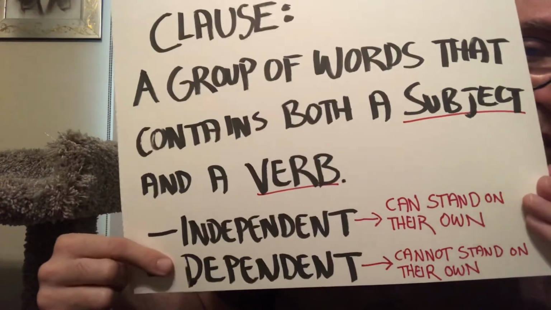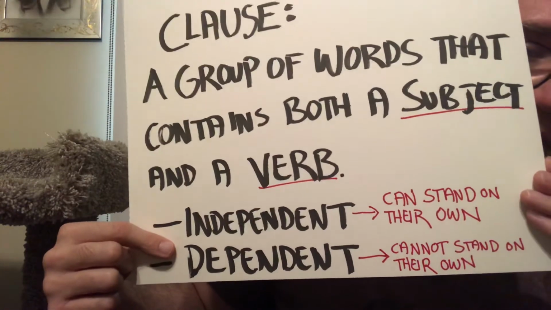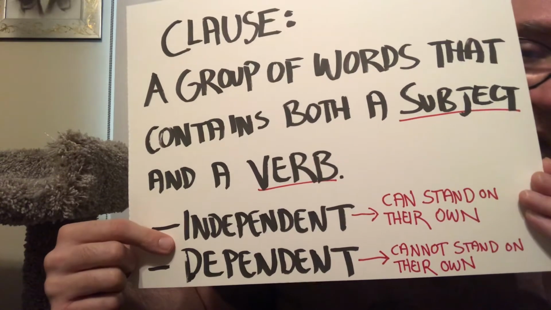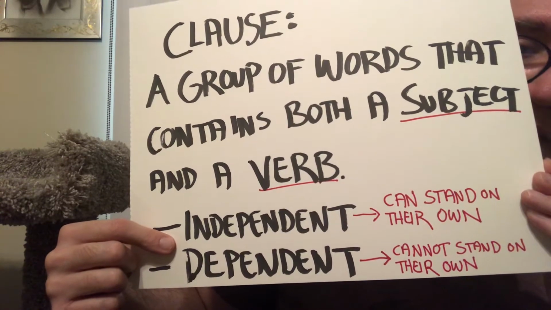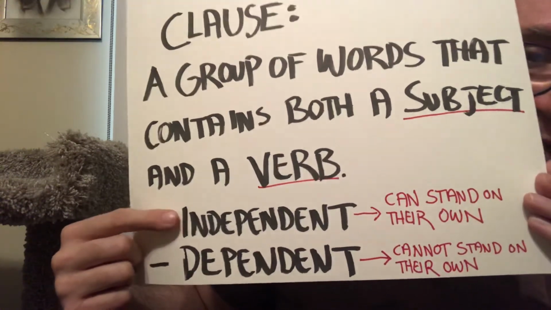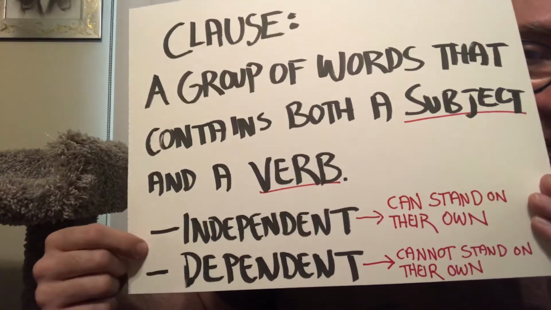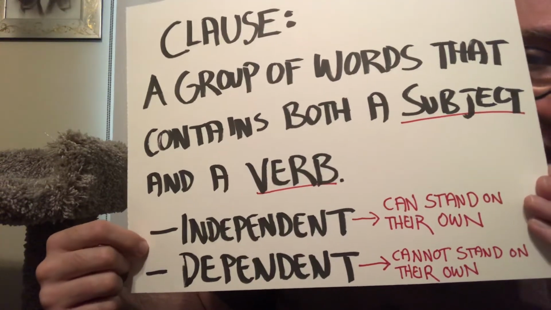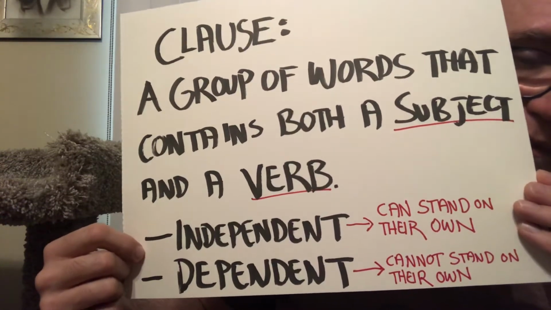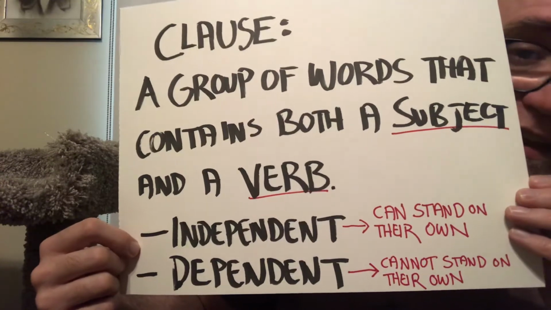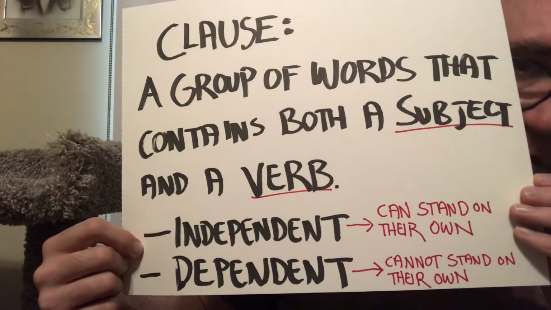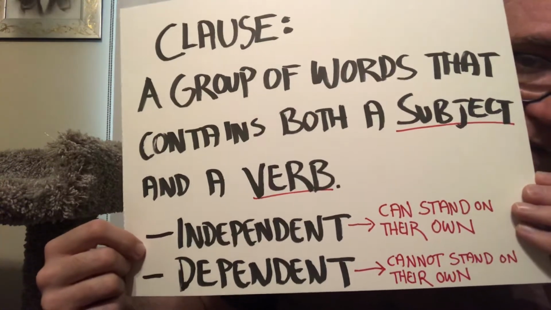That isn't true of a dependent clause, because a dependent clause cannot stand on its own. That is the problem with the dependent clause. It must be attached to an independent clause to be a complete thought. Now, there are times when we need to use dependent clauses, and we'll see examples of both independent and dependent clauses as I go through this.